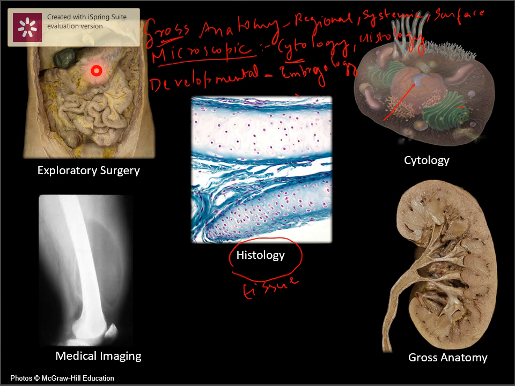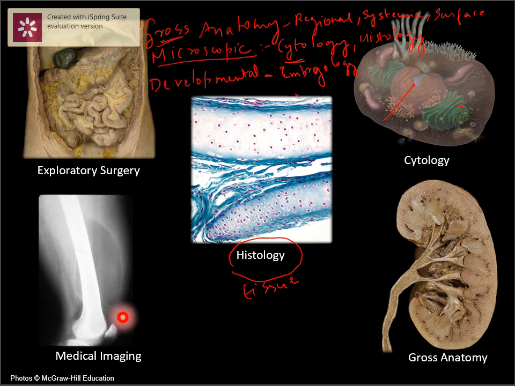Say you know there's a tumor around here, but you don't know exactly where it is because there are so many different layers, somebody would perform an exploratory surgery. This is fairly common in veterinary surgery, not so much in humans. Sometimes it's needed, but it's very common in surgeries for animals.